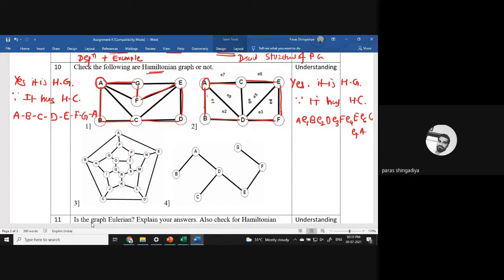That is a Hamiltonian graph, correct? Yeah, Janice has replied, Ludwig has replied, good. Draw this graph in your book first. Make connections as per the given graph, and then check it.